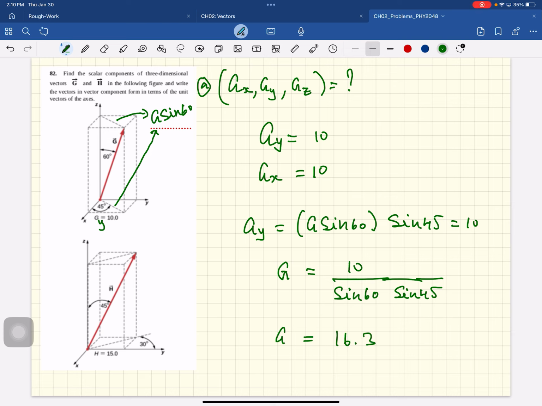So the magnitude of the vector is g, and then what is gz? gz is g cosine 60.